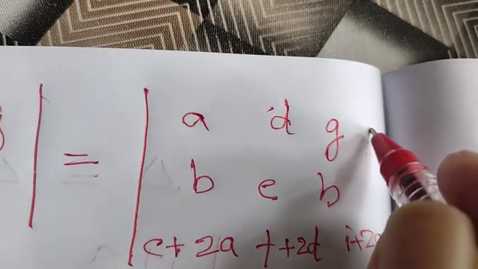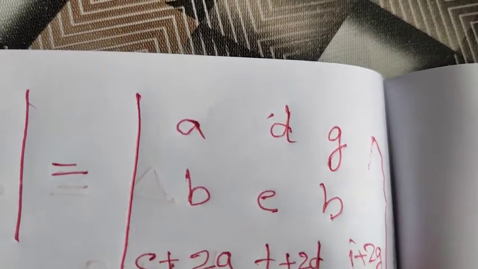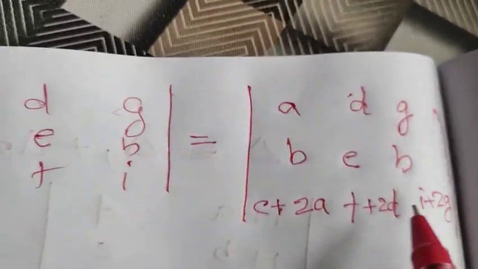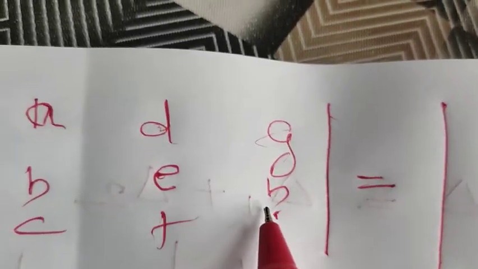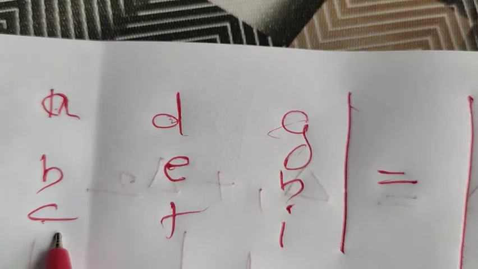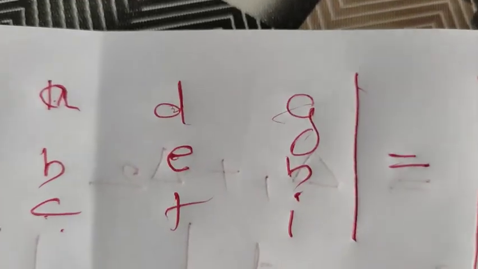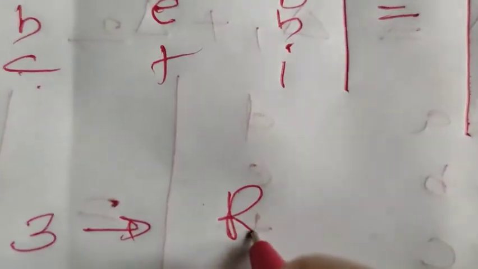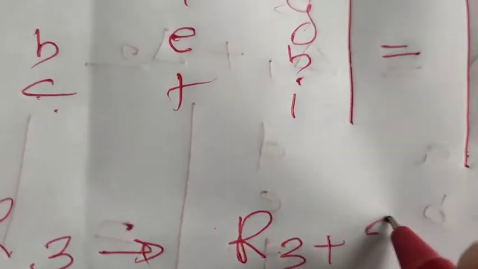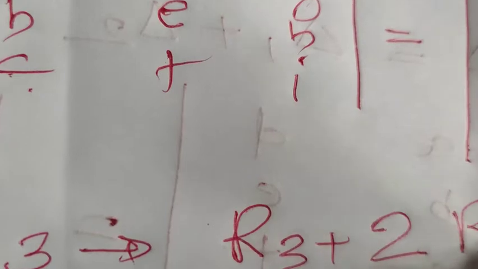This determinant can be written like this. You can see here A, D, G, B, E, H, C, F. Now C plus 2 times A. That means R3 is changed to R3 plus 2 R1.